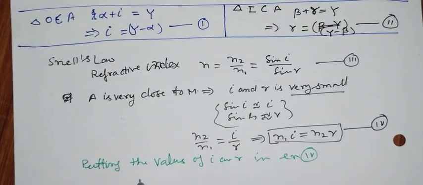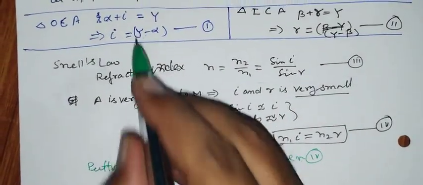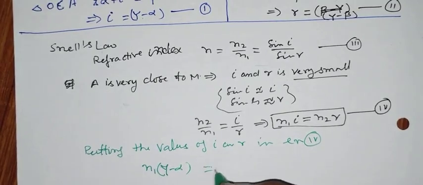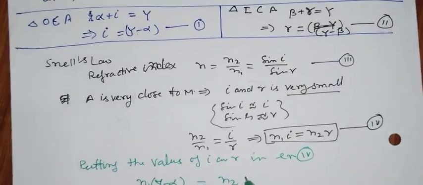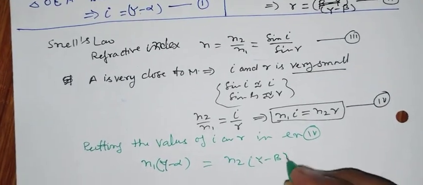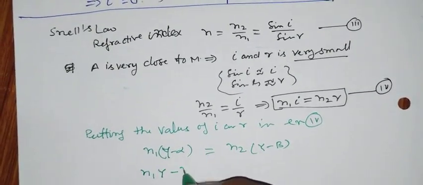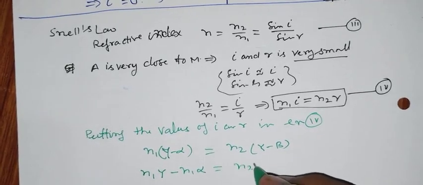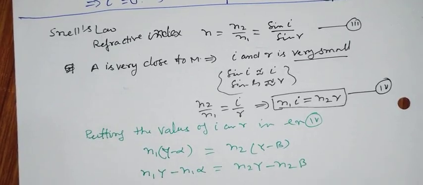Equation 4 can be written as n1 into I, where I is gamma minus alpha, is equal to n2 into gamma minus beta. Now open the bracket. n1 gamma minus n1 alpha is equal to n2 gamma minus n2 beta.